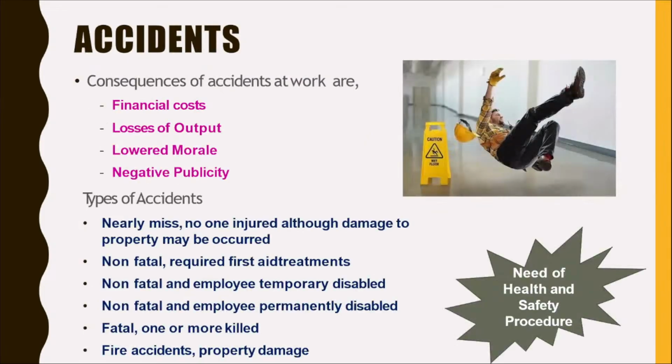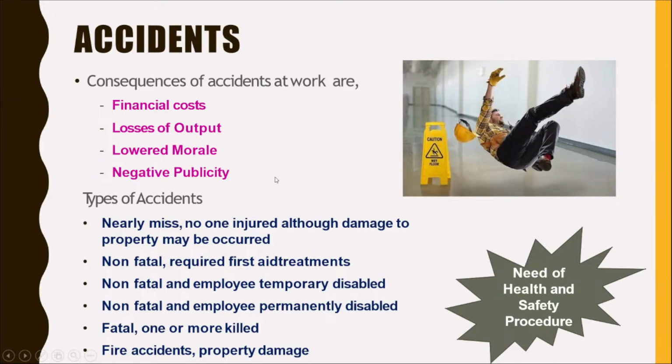Right. So let's see what we mean by an accident. An accident is an injury that may happen in the workplace or even at your home. So what are the consequences of an accident when it comes to work? Financial cost, losses in output, lowered morale, and negative publicity.